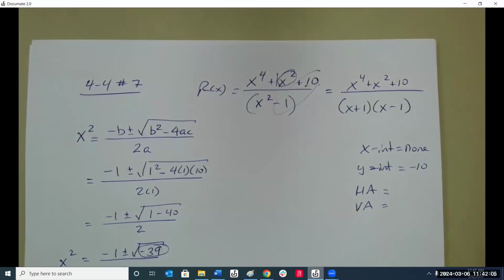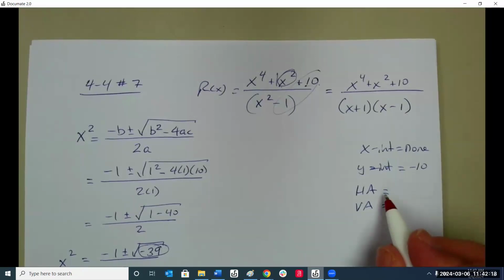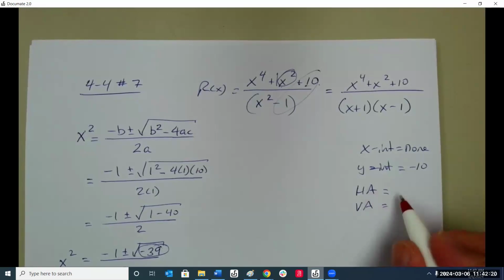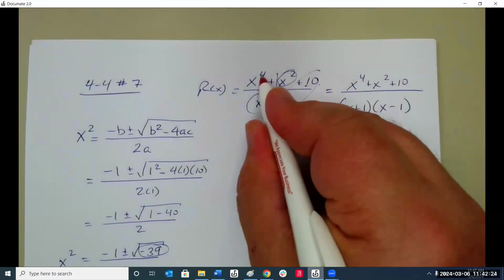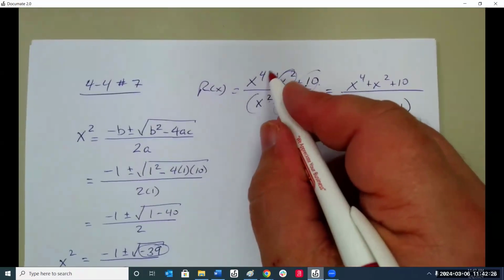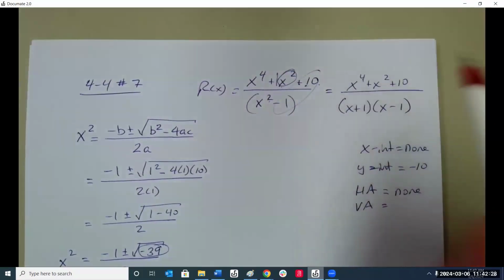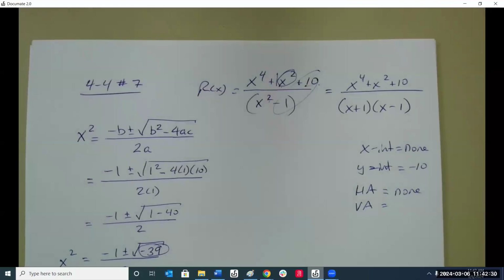Where's the horizontal asymptote? The horizontal, there's none, because there's x squared on the bottom, and there are x to the 4th on top, so it goes to infinity. So there's no horizontal asymptote.